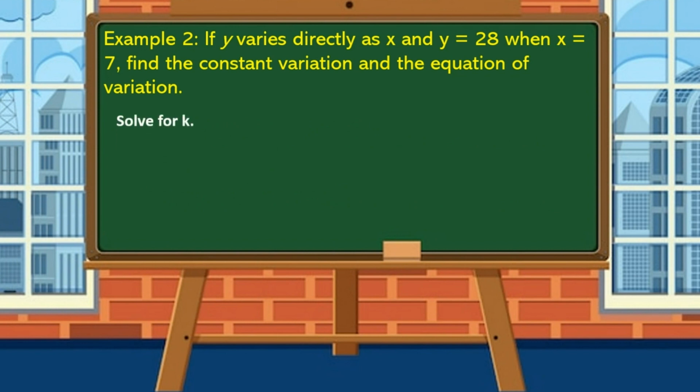Then solve for k. We have now here y is equal to kx. Substituting the values of y and x, we have 28 is equal to k times 7. Then we have now here 28 is equal to 7k. Divide both sides by 7 so that we have k is equal to 4.